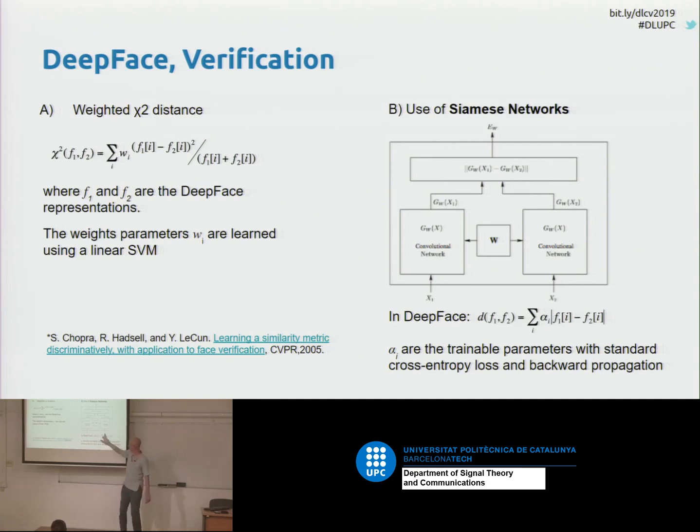You pass the two different images through the same network, and then there is an extra layer that tries to minimize the distance between the embeddings for faces of the same person, and to maximize this distance for faces of different persons. So we are modifying the embeddings so that they fulfill this property, and at the end we have feature vectors that are very compact for each class. This is only for training; at testing, you just extract feature vectors and compare them using the Euclidean distance. If the Euclidean distance is small, you decide they are from the same person, and if it's large, you decide they are from different persons.